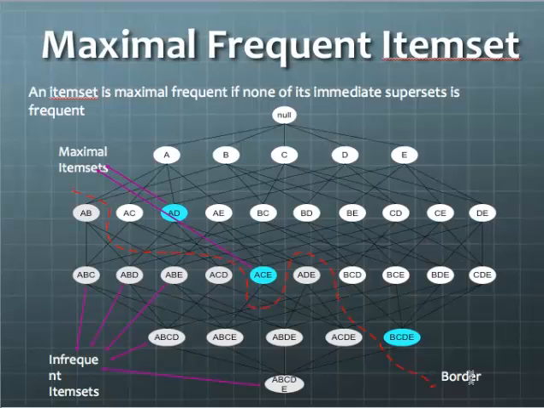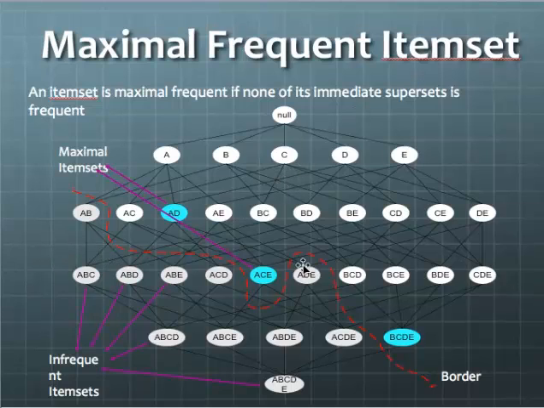A frequent item set border, which is represented by the dashed line, is also illustrated in the diagram here. Every item set located above the border is frequent, while those located below the border are infrequent.